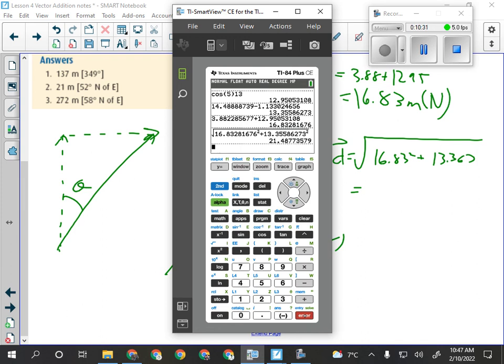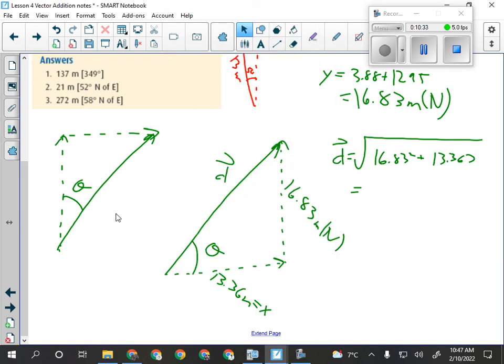All right, so we're looking at 21.48, right? 21.48 meters, and then theta will be tan inverse of 16 over 13.